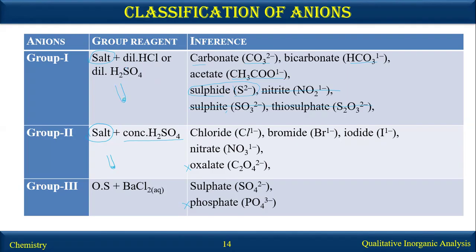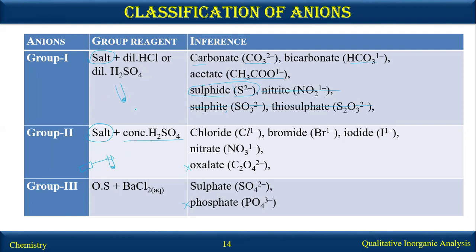When you are dealing with dilute acids, you don't need to hold your test tube with a test tube holder. Otherwise, for concentrated sulfuric acid, you need a test tube holder because it is very injurious for your skin. So use laboratory gloves, and hold it with the test tube holder.